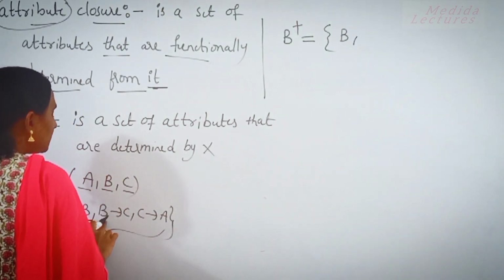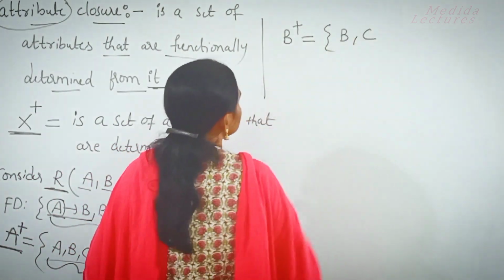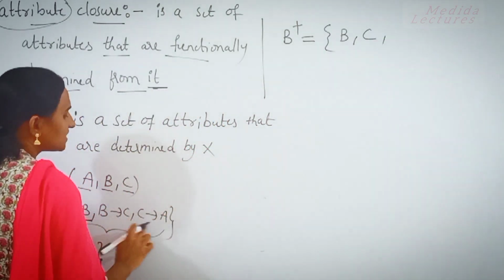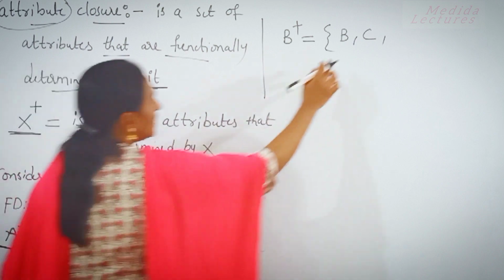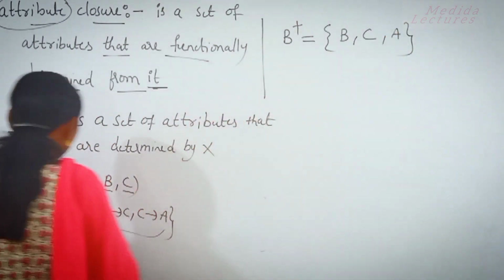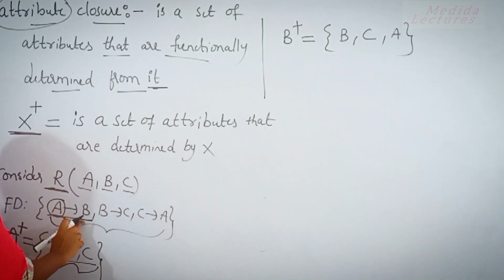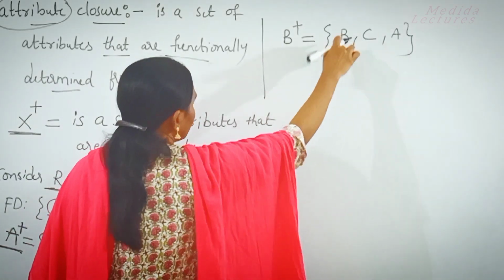If you have B, then you can determine C. Next, C determines A. If you have C, then you can determine A. Next, A determines B. Here B is already there, so no need to write it again.